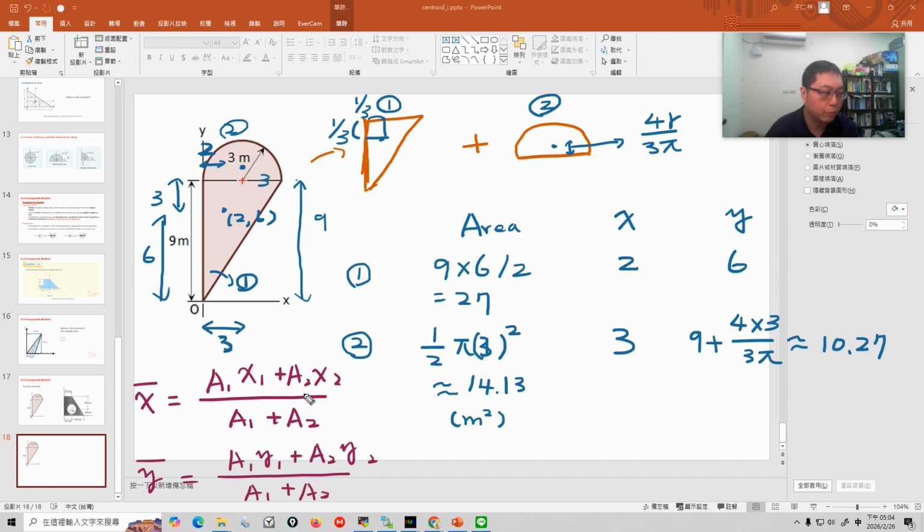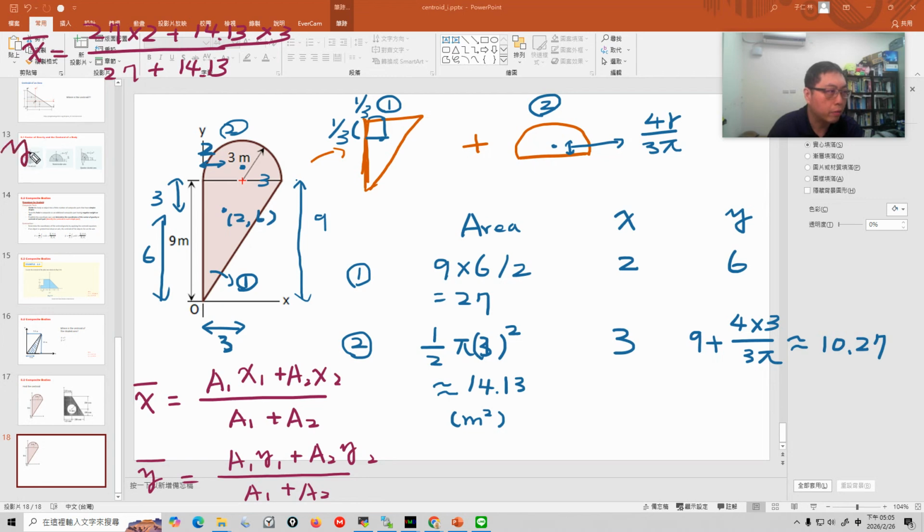We can plug everything in. I don't have space here. So x bar is equal to, what's area 1? 27 plus 14.13. And 27 times the x1 which is 2, plus 14.13 times 3.